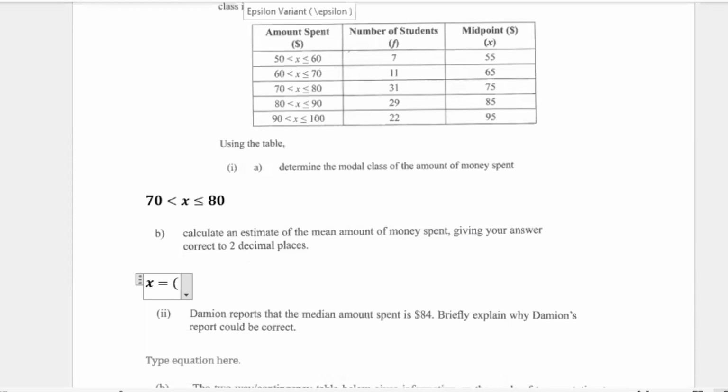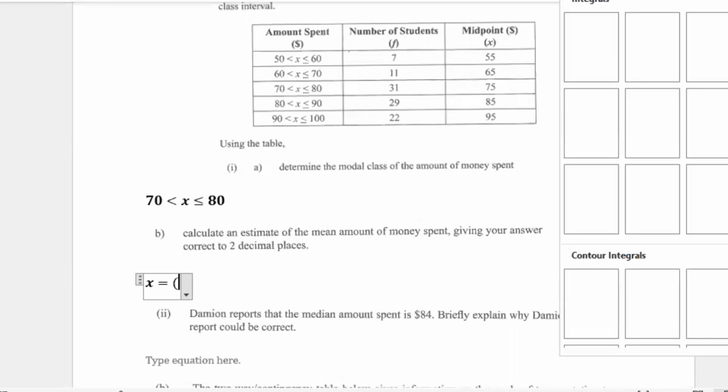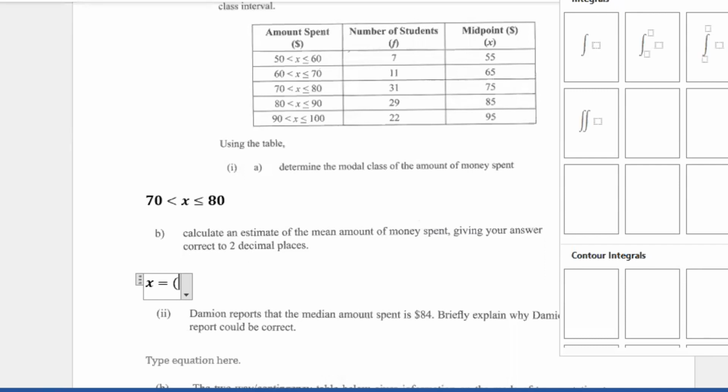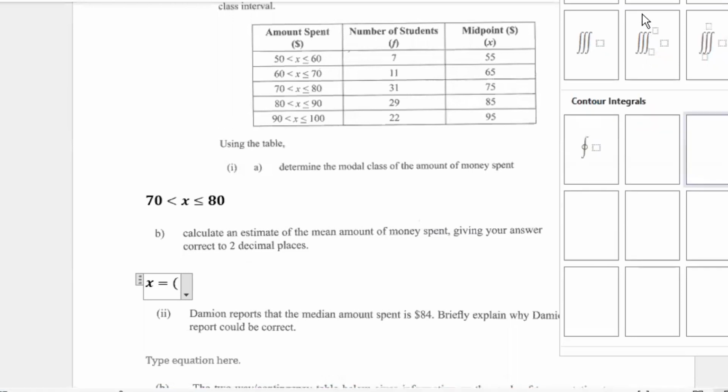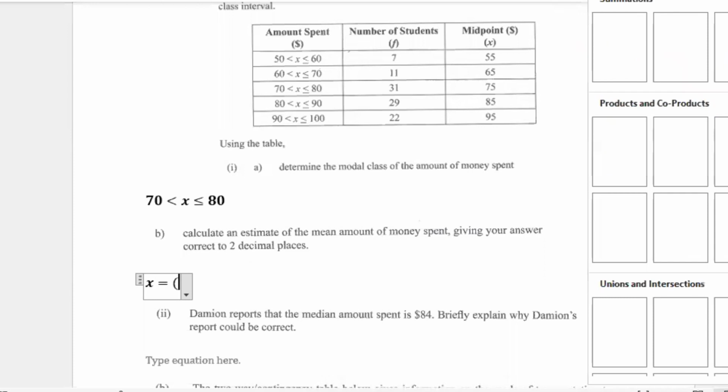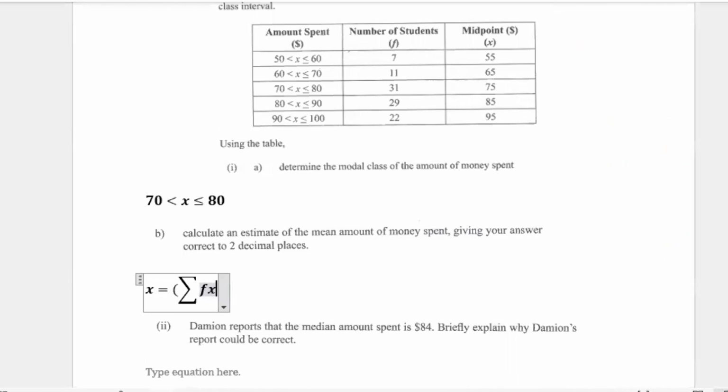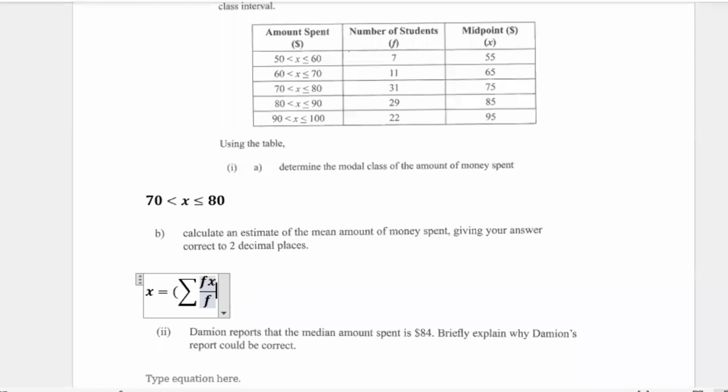Exactly, the sum of the f of x, which is the number of students and the frequency, so we're looking at the sum of f of x over the sum of the frequency.